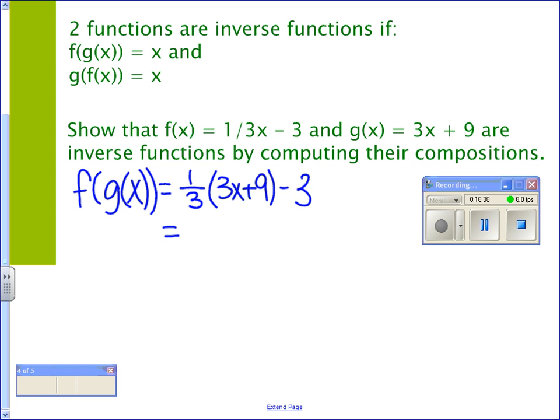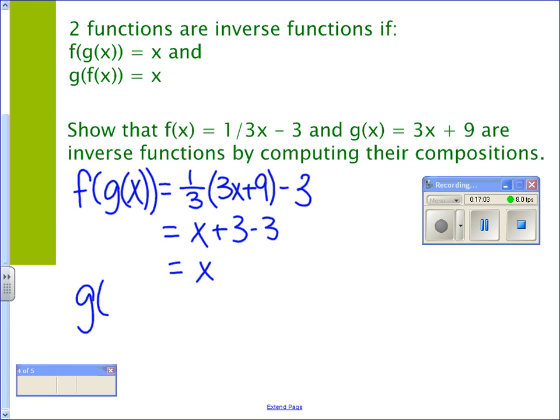So when we simplify it, we get x. Does that make sense? Any questions on that one? So that's one of the compositions. We have to do the other composition too.